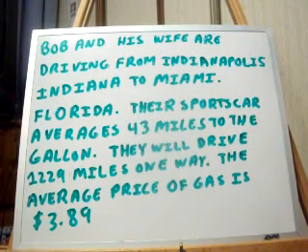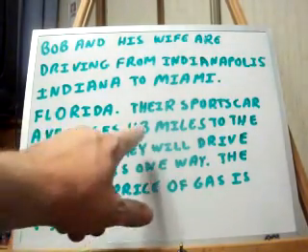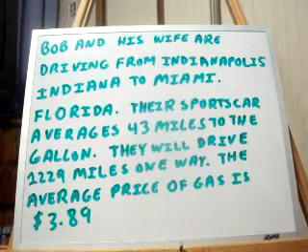Now then, the next thing we have to do is figure out how many gallons of gas they're going to use as they make this round trip. How do we do that? Well, we're going to take the number 2,458 and divide it by 43.